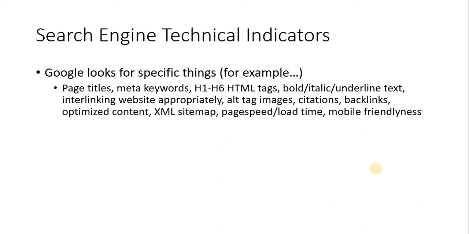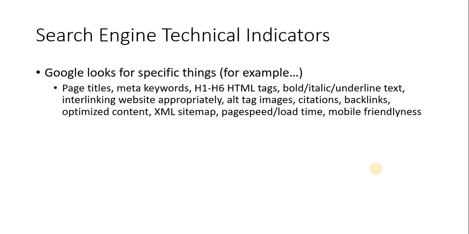So for example, a page title, usually whether you have WordPress or Wix or Weebly, it doesn't really matter, you'll have a big title at the top of the page, and that's generally your page title, right? And that actually has some of the biggest influence over where you're going to rank. It's one of the biggest factors that Google looks for.